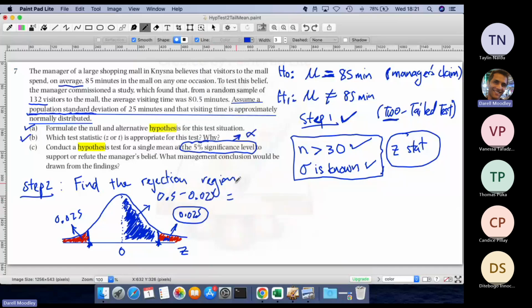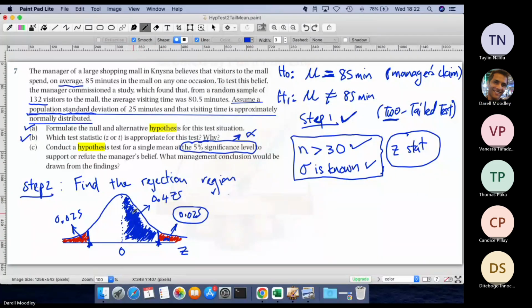And that is 47.5%, I think, 0.475. So in other words, this blue area is 0.475.